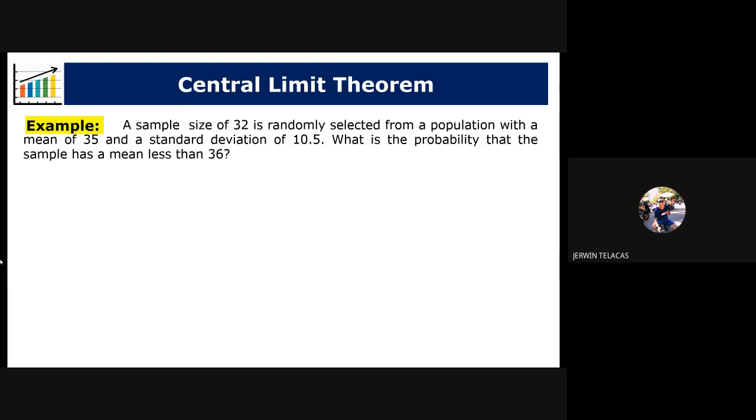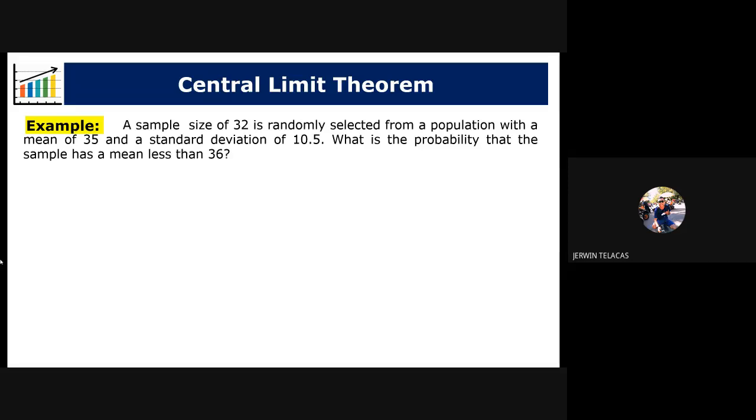Why is it that we can assume na yung 32 na galing sa hindi normal population ay normally distributed? Because what? Kasi more than 30, sir. Very good, Jenny C. Because ang sinasabi ng central limit theorem, pag kukuha tayo ng sample size na 30 above, kahit galing yun sa hindi normally distributed, we can assume na yung sample na yun ay normally distributed.